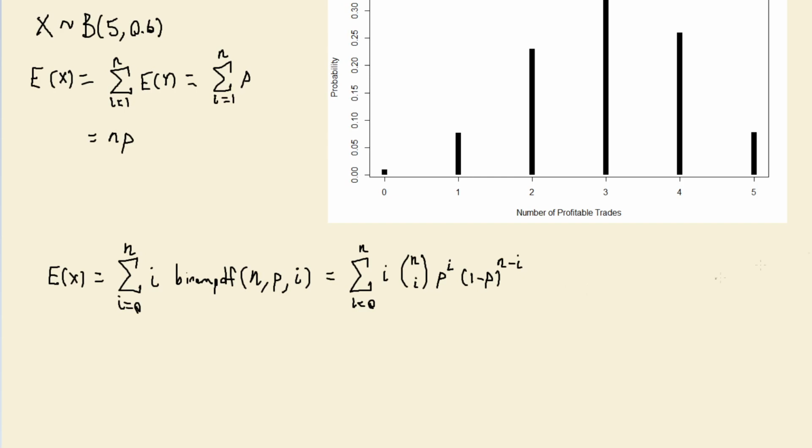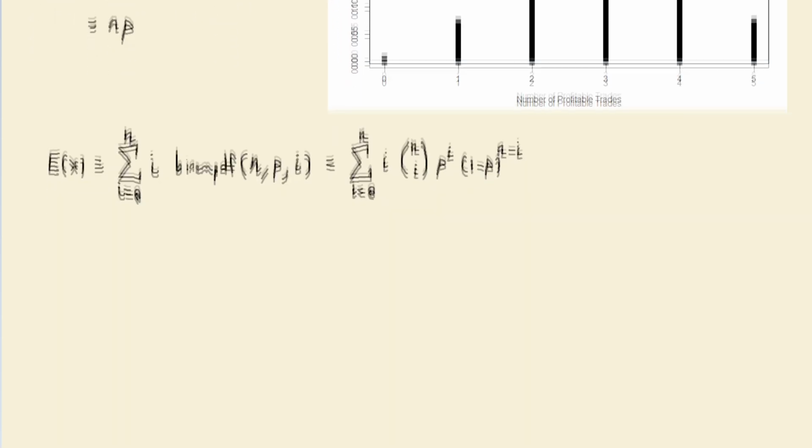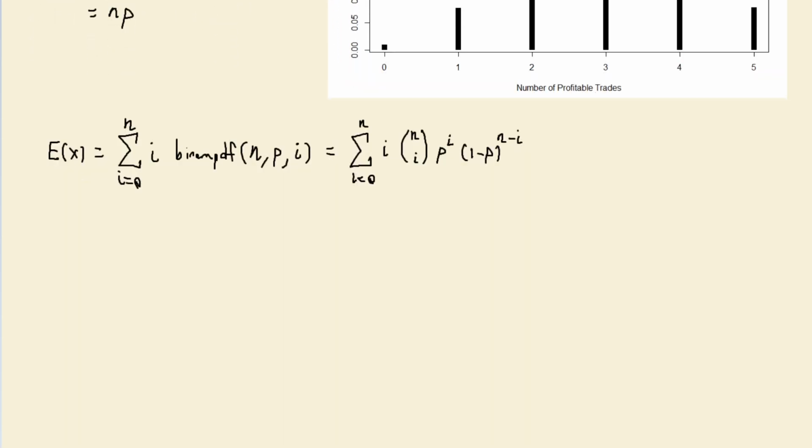And now, because I have some intuition as to what I think the expected value of this distribution might be, I'm going to try to factor out an np out of this expression over here. And the way I'm going to go about doing that is I'm going to unwrap this n choose i expression here. I'm going to say sum from i equal to 0 all the way up to n of i, and then what does n choose i mean?